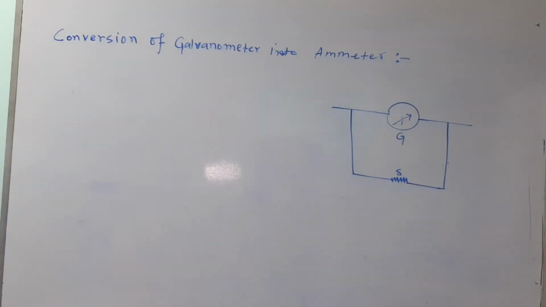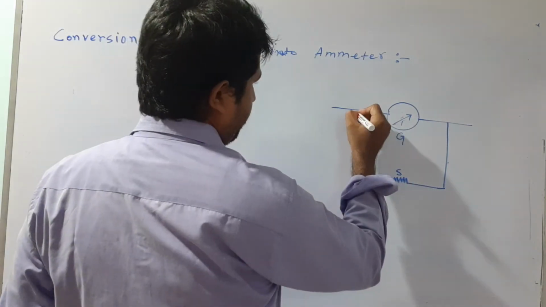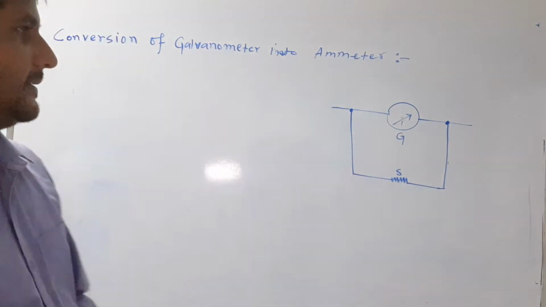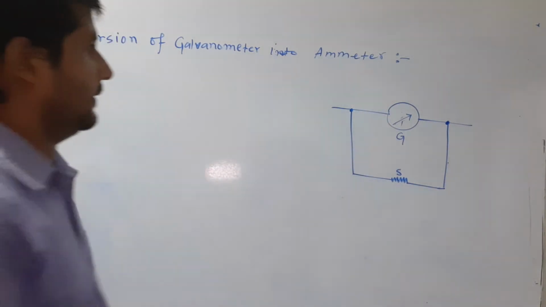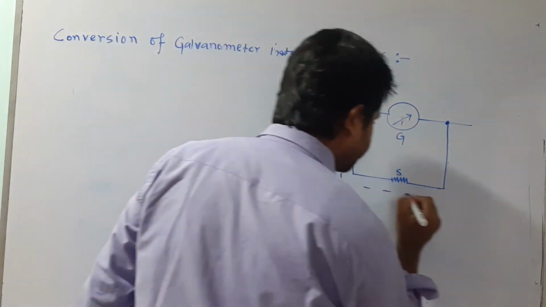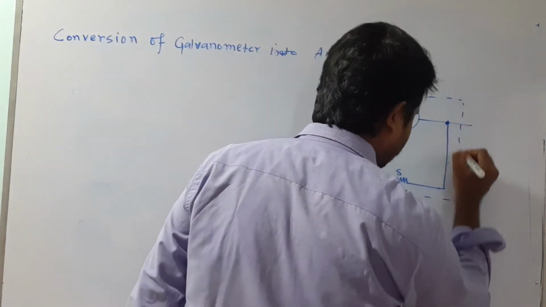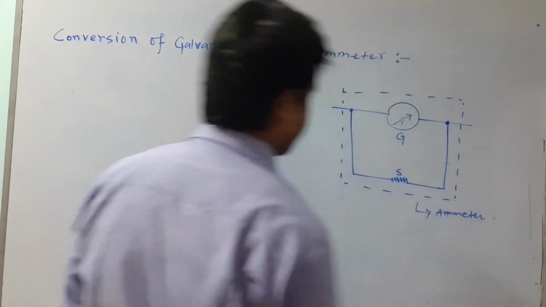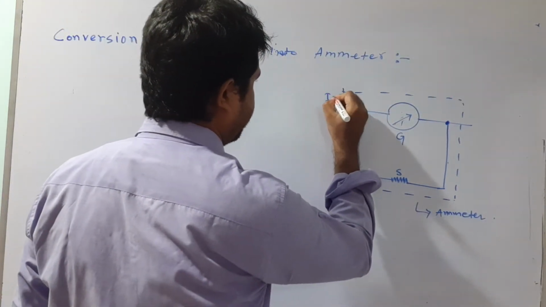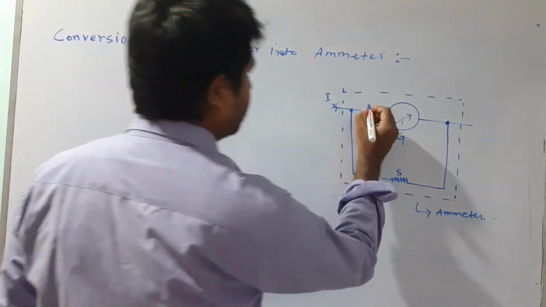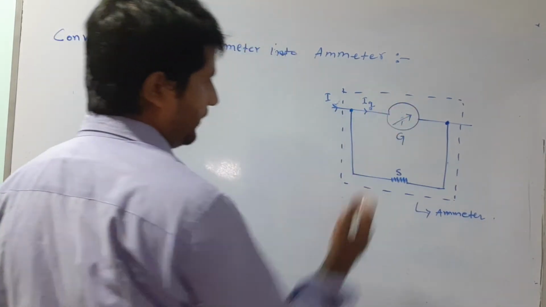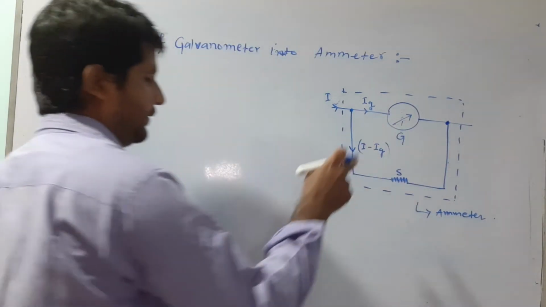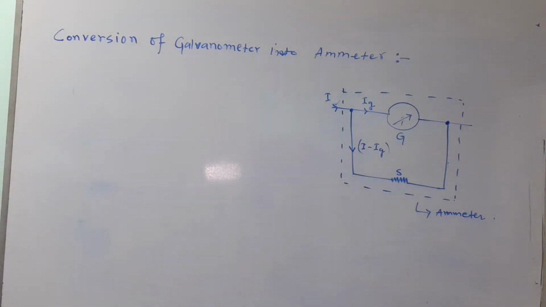So if we want to convert a galvanometer to an ammeter, we have to connect a shunt resistance in parallel with this galvanometer. This whole arrangement is called an ammeter. Now if I is the current entering here and Ig is the current passing through this galvanometer, then the rest of the current, that is I minus Ig, passes through the shunt resistance.